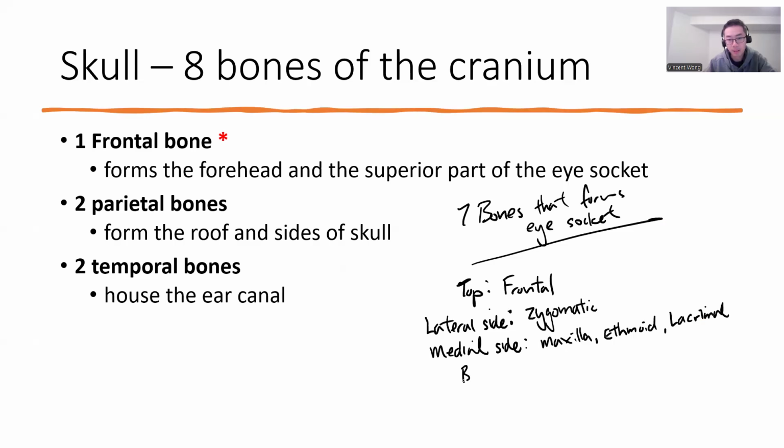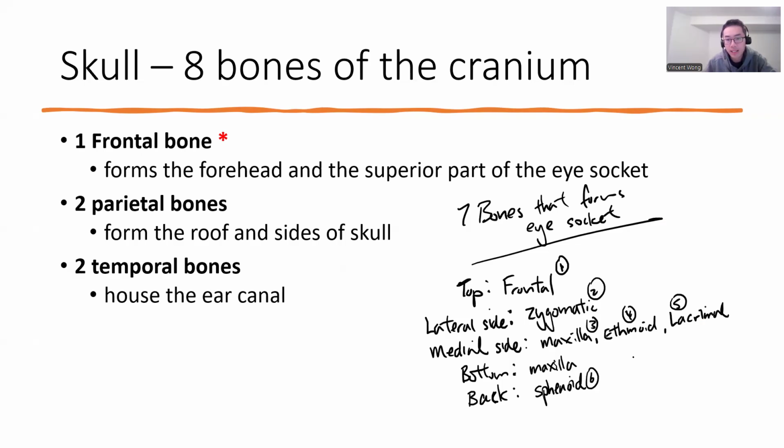The bottom is going to be the maxilla again, and then the back, sphenoid. Okay, so I think there are only six bones here: one, two, three, four, five, maxilla again, and then six.